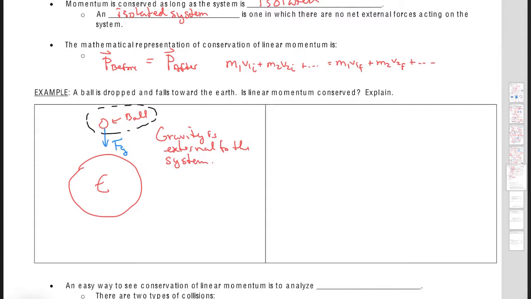So gravity is going to increase the velocity of the system, which means momentum is not conserved.